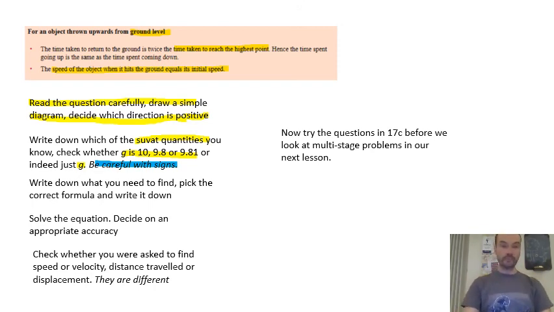And then write down what you need to know, pick the correct formula, write it down. We're going to get marks for writing the formula down. You don't need to learn them, they're on the formula sheet. Solve the equation, decide on your accuracy, check whether you're asked for speed or velocity, distance travelled or displacement. They are different.